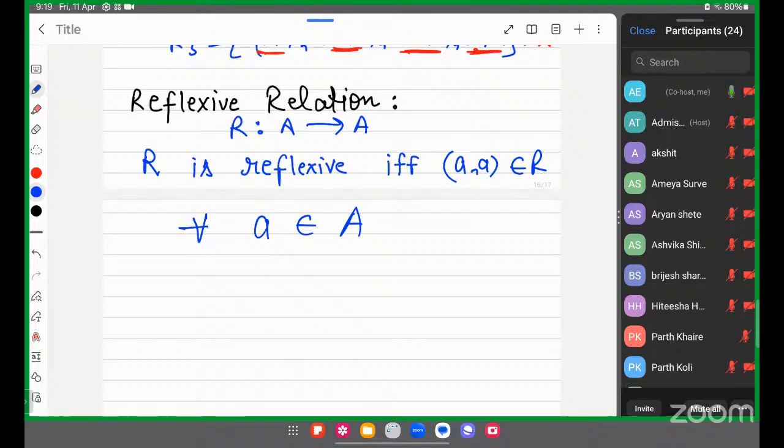Right? Listen carefully to the statement. In case of identity, I have stated it as a relation will be identity relation if each element of set A is related to itself only. And in case of reflexive, we are saying that a relation R will be a reflexive relation if each element of set A is related to itself.